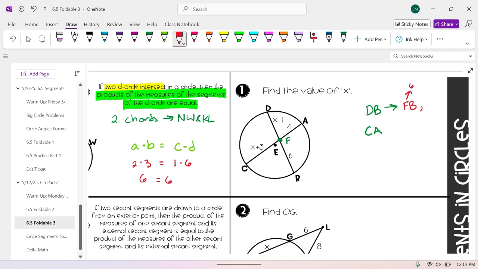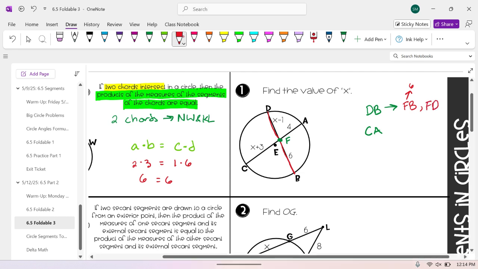What's the other length? So we have the 6 here. What's this other length? X minus 1. So this would be FD, and that's X minus 1. Now, CA.